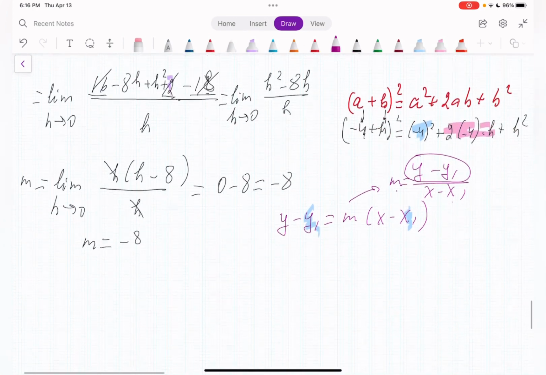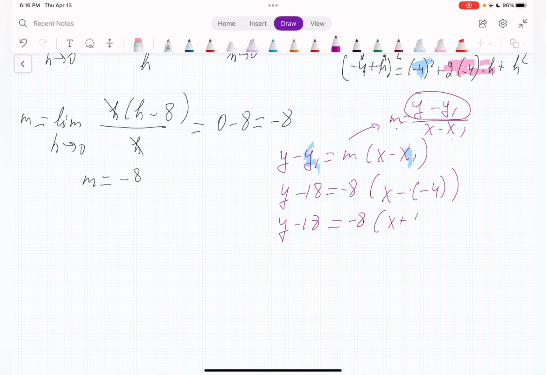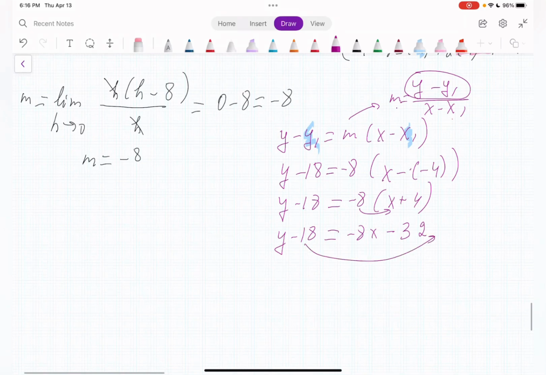So let's plug in. Y minus 18 equals m, which is negative 8, times x minus negative 4. So we get y minus 18 equals negative 8 times (x plus 4). Distributing, y minus 18 equals negative 8x minus 32. Moving negative 18 over, y equals negative 8x minus 32 plus 18.